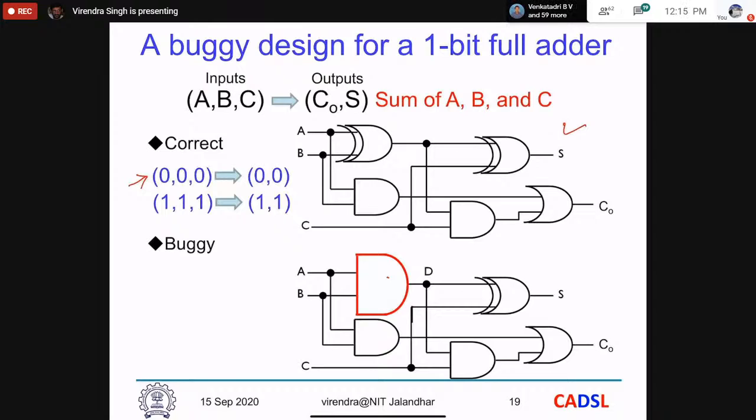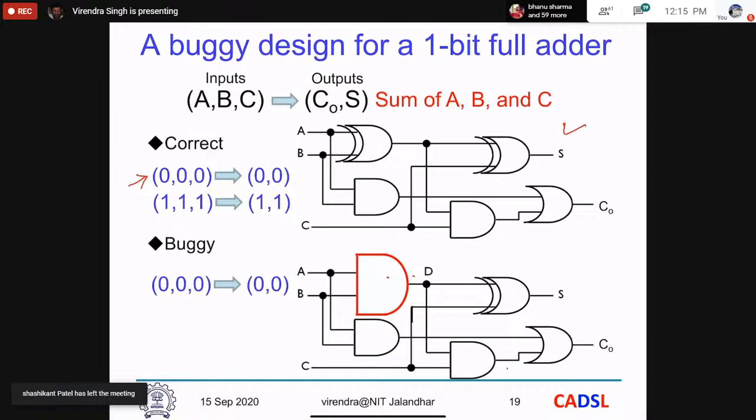Now if I simulate for these two inputs, for 0 0 I will still get the correct output. If it is 0 0, the output here is 0, and this is also 0, so the output would be 0.